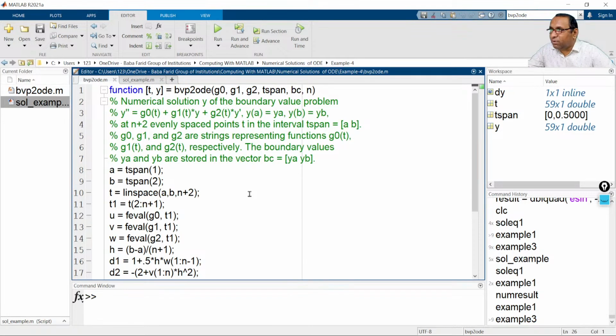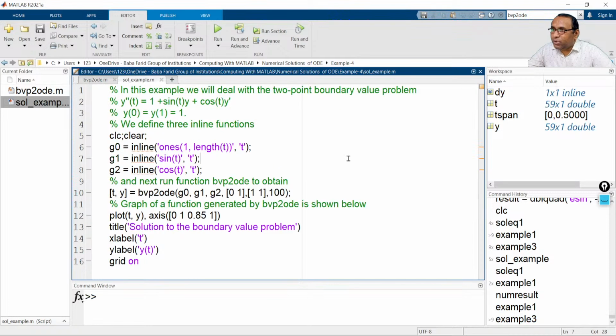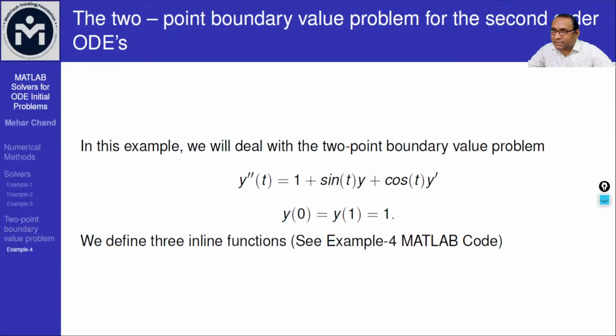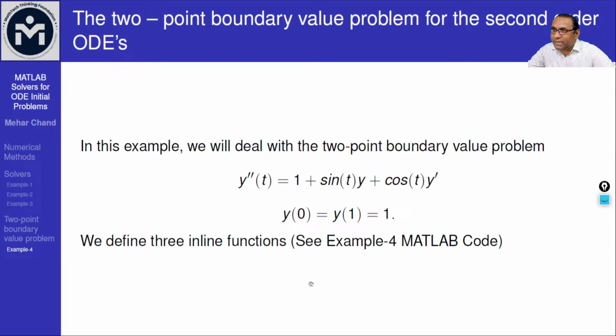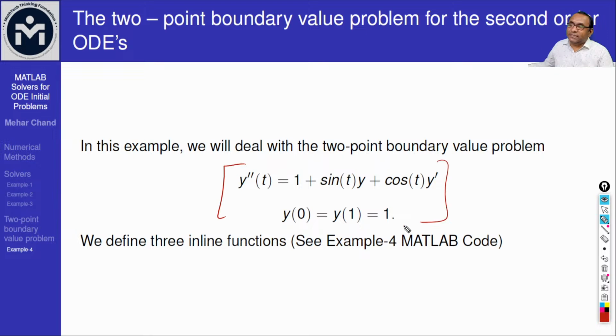Okay, now see here, we have a very interesting example. By using the boundary value problem to ODE, we want to solve this differential equation. This equation is similar to the program which we just discussed, so that program you can use anywhere for this type of problem.